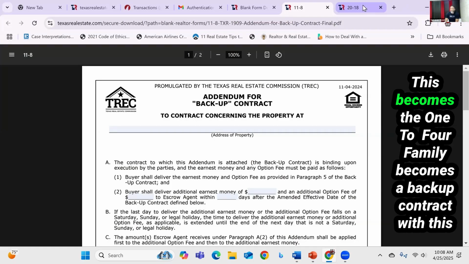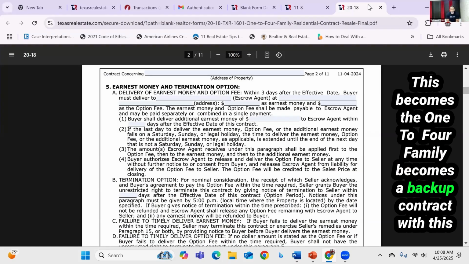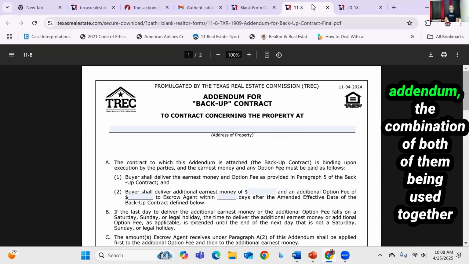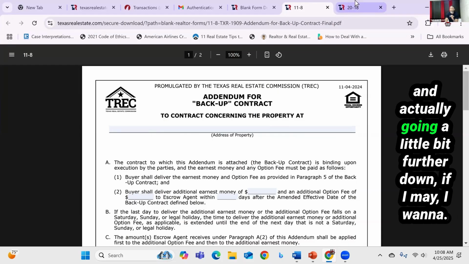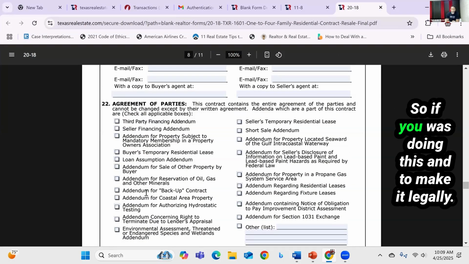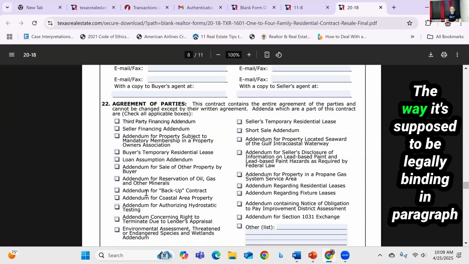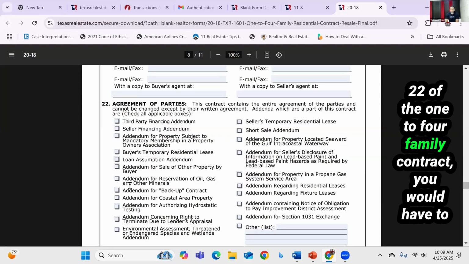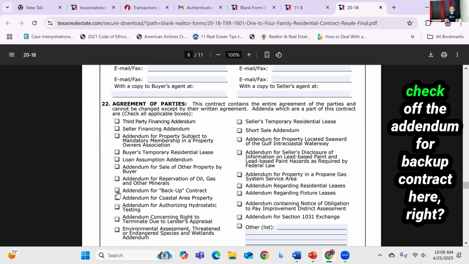This becomes, the 1 to 4 family becomes a backup contract with this addendum. It's the combination of both of them being used together. And actually going a little bit further down, if I may, to make it legally binding the way it's supposed to be, in paragraph 22 of the 1 to 4 family contract, you would have to check off the addendum for backup contract here, right?